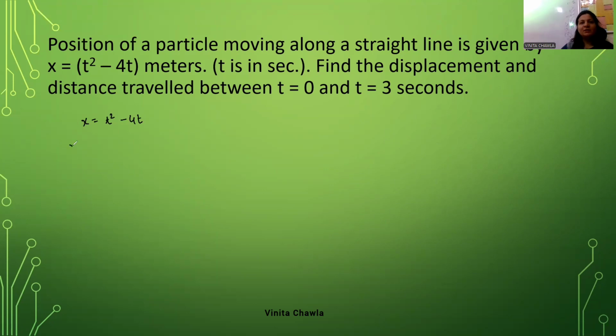At t equal to 0, x naught is 0 square minus 4 into 0, which is 0. At t equal to 3, x3 is 3 square minus 4 into 3, which is 9 minus 12. The answer is minus 3. So what is the displacement and the distance?